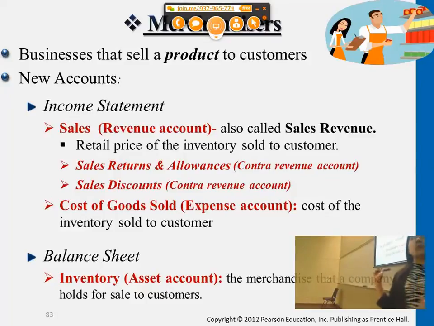For merchandiser businesses, a lot of corporations use multi-step income statement. I'm going to show this in the next slide. Multi-step income statement provides some subtotals of profit before we actually get to net income. So basically it breaks down information in more detail. Creditors and investors can look at specifically after selling inventory without considering other expenses, what's the profit?